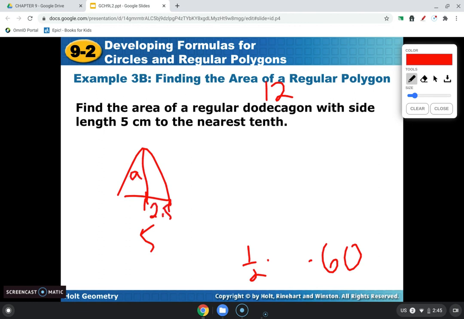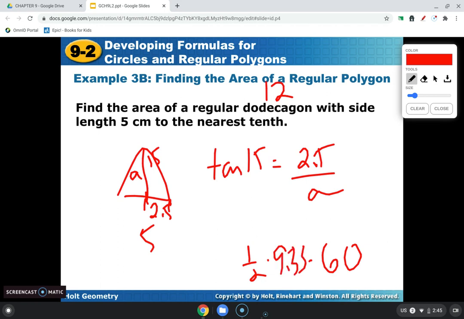We've got to find our central angle. 360 divided by 12 is 30. Divided by 2 is 15. So our angle is 15. So tan 15 equals 2.5 over A. I take 2.5 divided by the tangent of 15, which gives an apothem of 9.33.